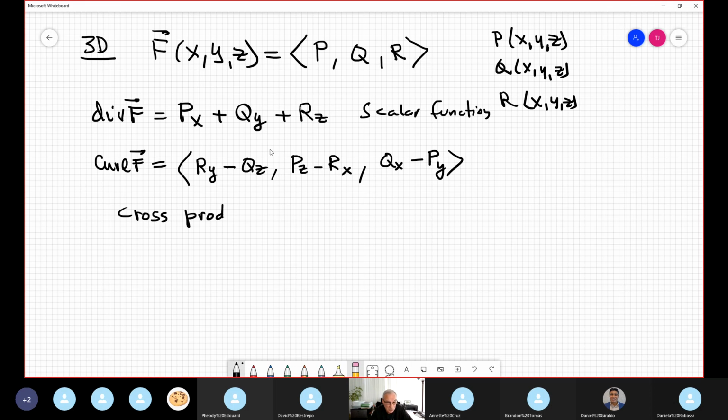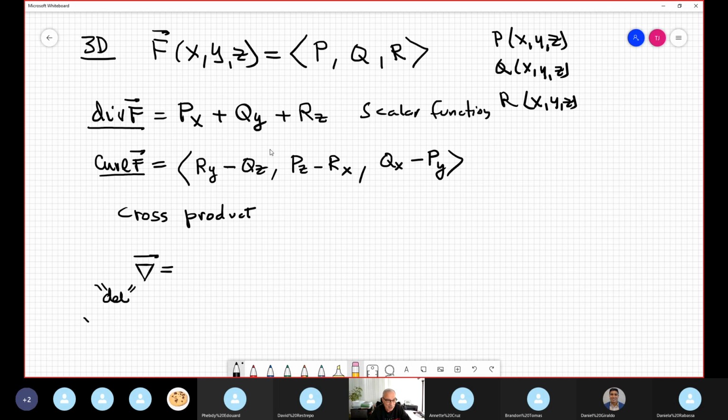Now pay attention. This is a very, very nice and convenient notation to represent divergence and curl in 3D. Look, we define this operator, which normally is called del.